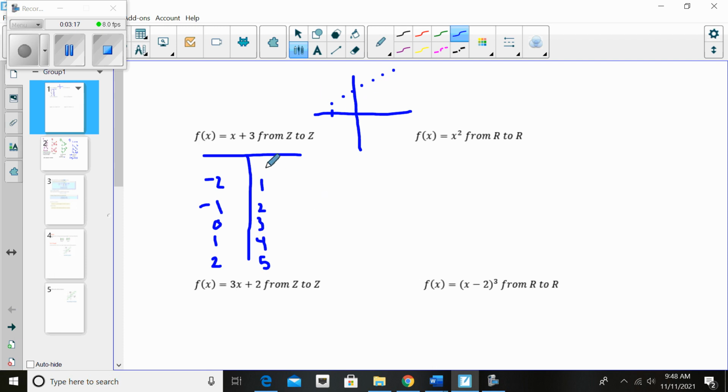And then is this onto? To figure that out, you'd have to ask yourself, for every element in the codomain, do I find an element from the domain that maps to it? If we were in class, I'd say, give me any integer, and somebody would give me something like 100.